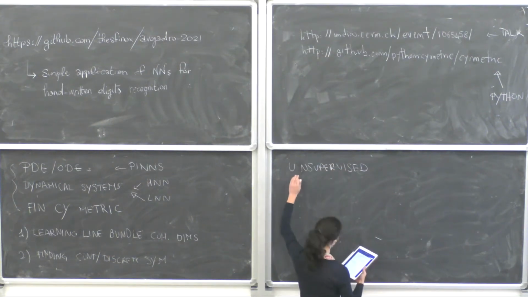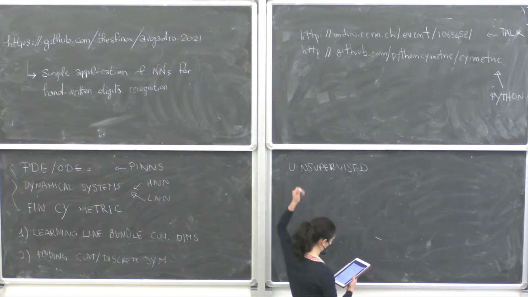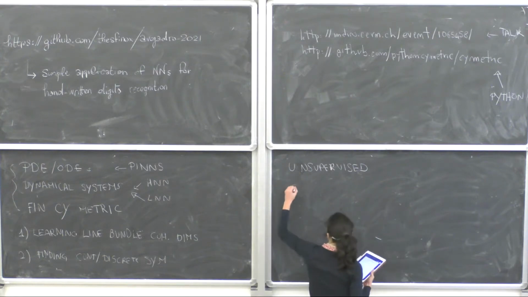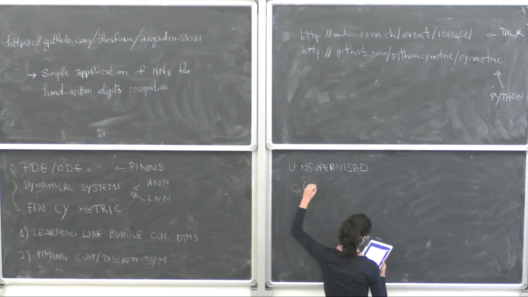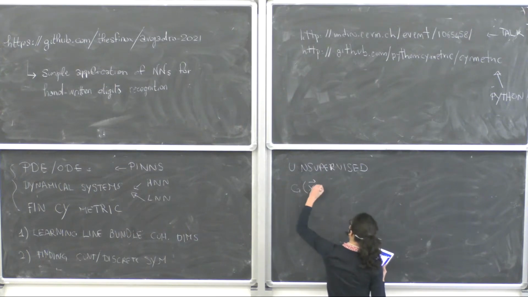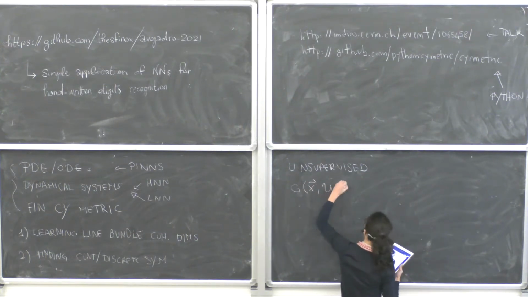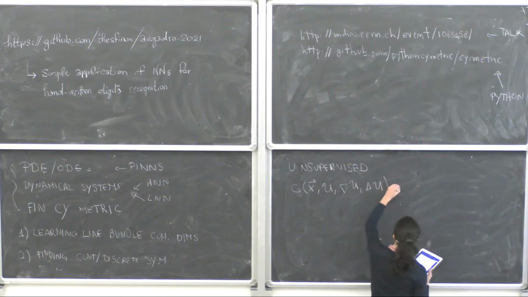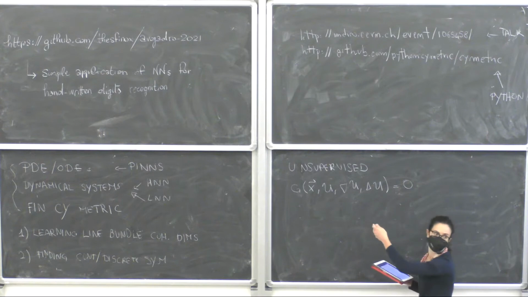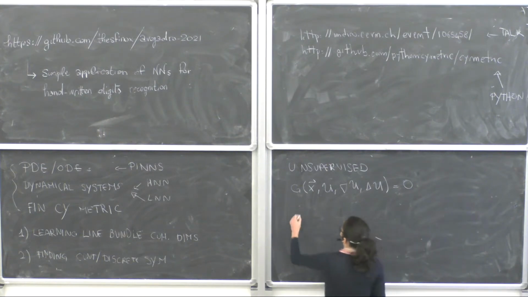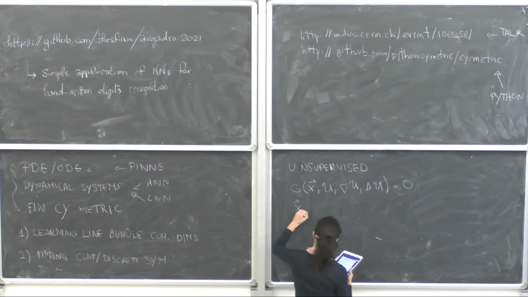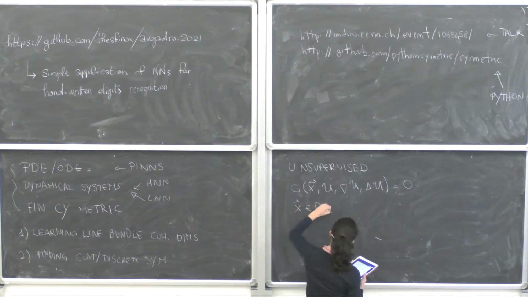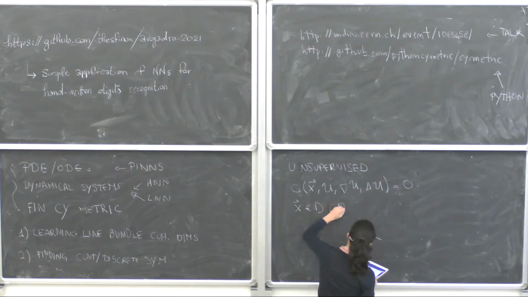So this is an unsupervised problem. And so, for instance, what we may have is the following situation. So we have a PDE that I summarize here like this, where X, for instance, can be defined on D, which is a subset of R^n.